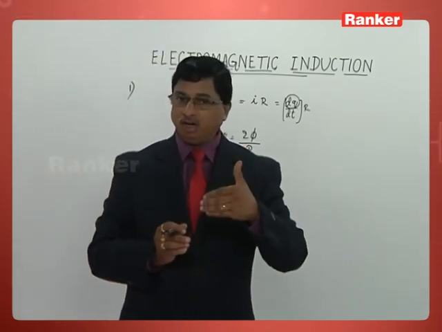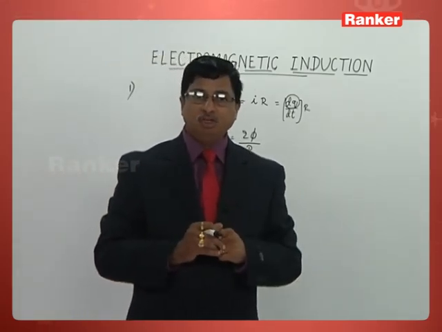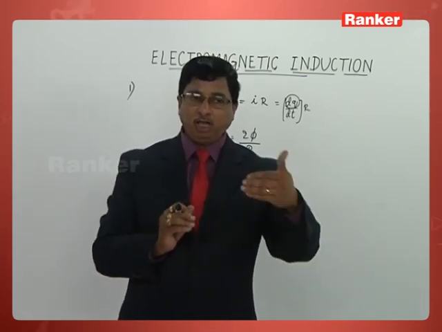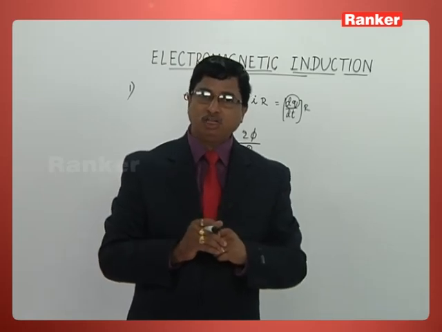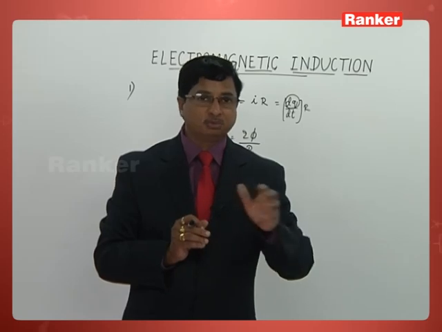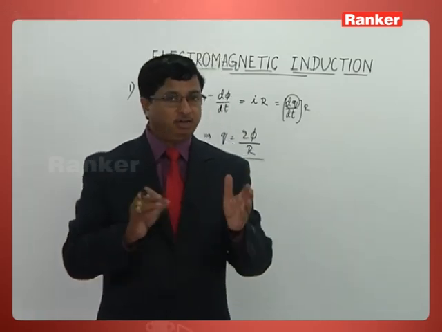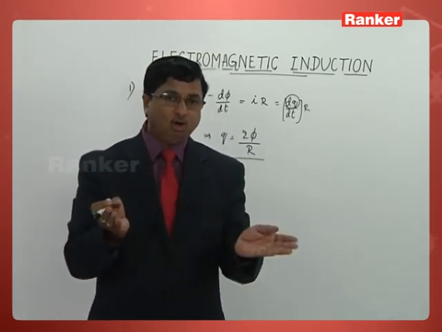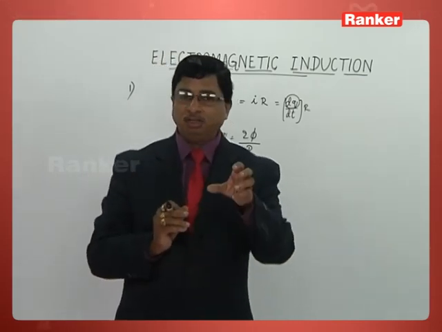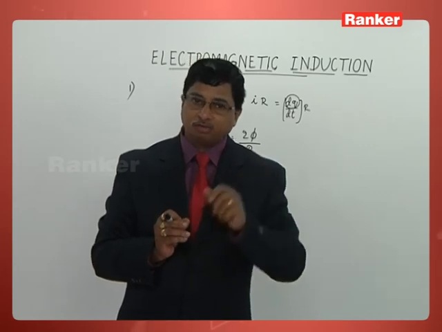But one should understand in this particular case, when the magnetic field is reversed, if you take the initial magnetic flux as positive, then automatically when it is reversed, it should be taken as negative. Then what would be the difference in the magnetic flux?